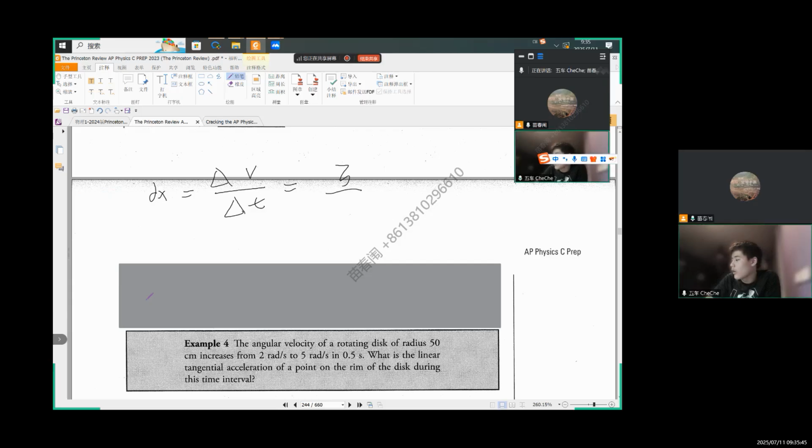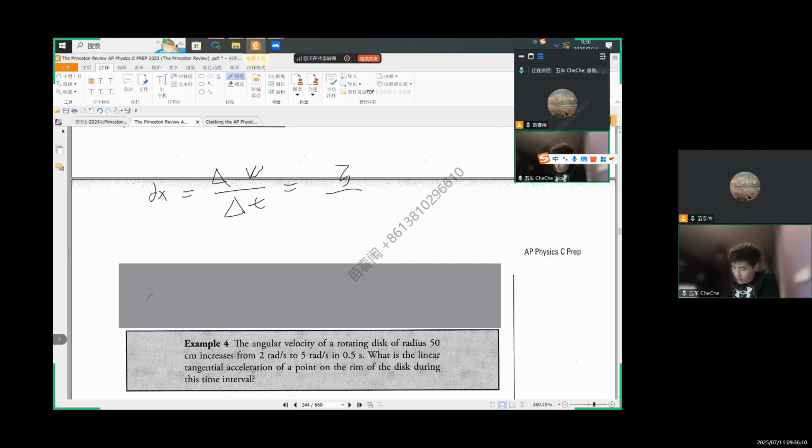Wait. This is w. No. Wait. Change in velocity over change in time equals... What's the equation again?